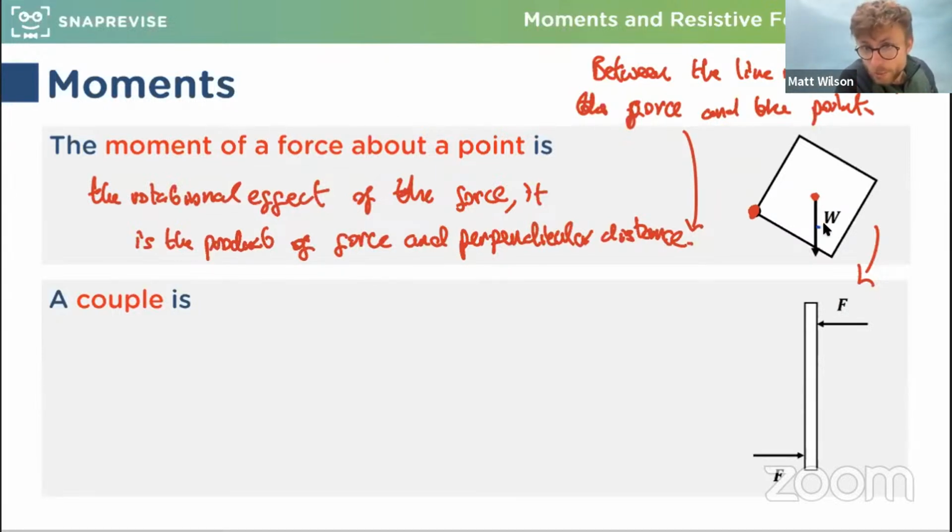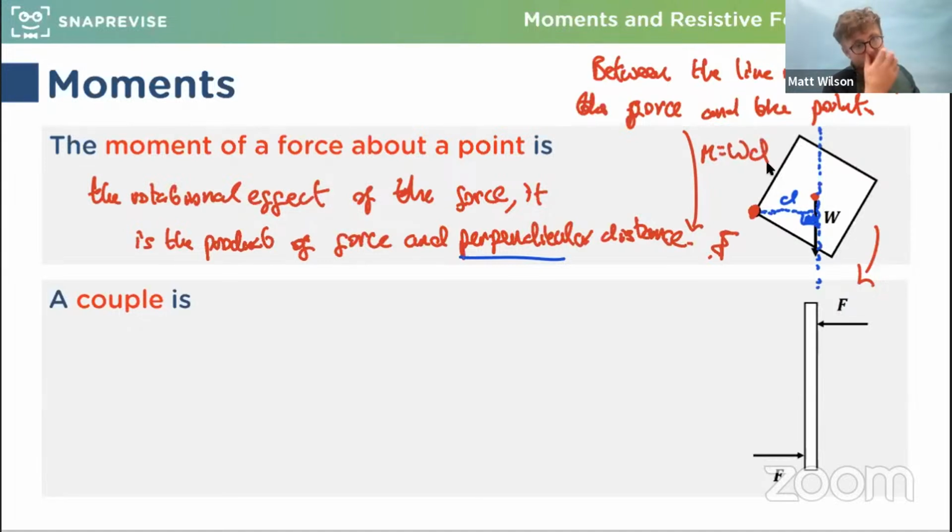To do that, I would have to find the line of action of the force. That's just the line that goes parallel to the force here. And I need to find the shortest distance between that line and the point, which will be this perpendicular one here. So let's say that this distance was d, then the moment, let's call it M, would simply be force times that distance. And that is always what it will be.